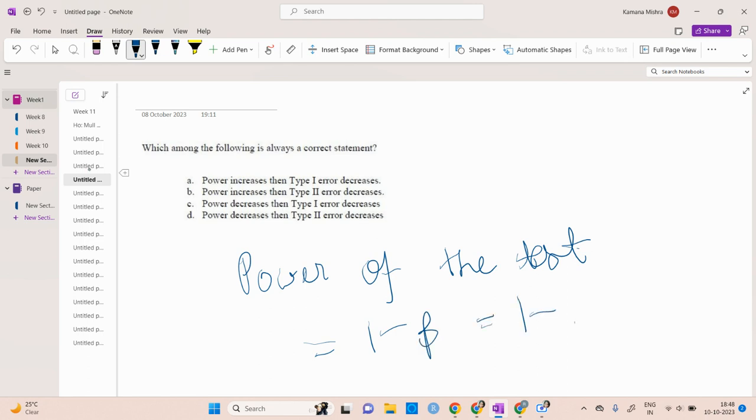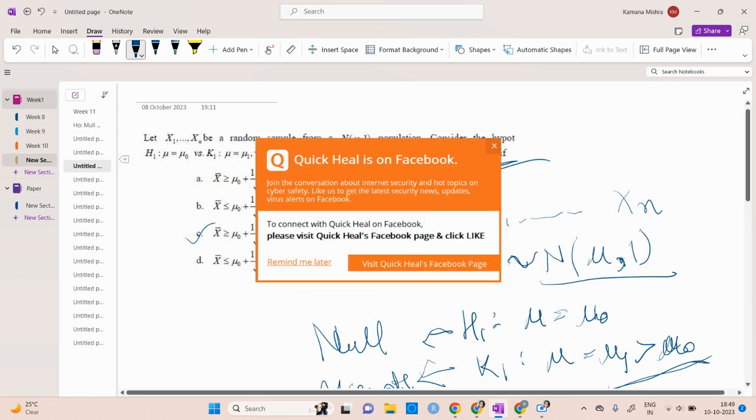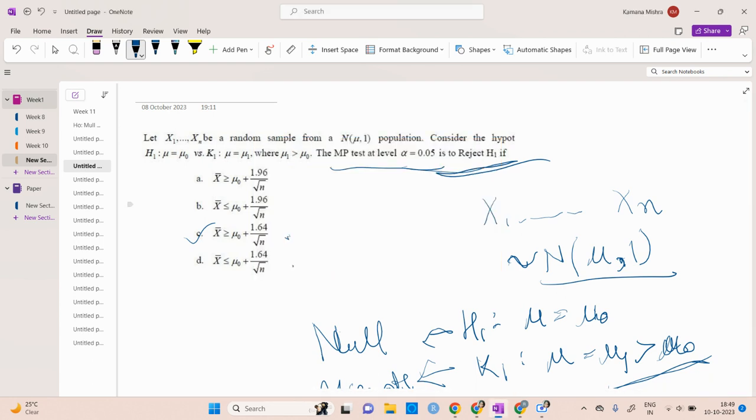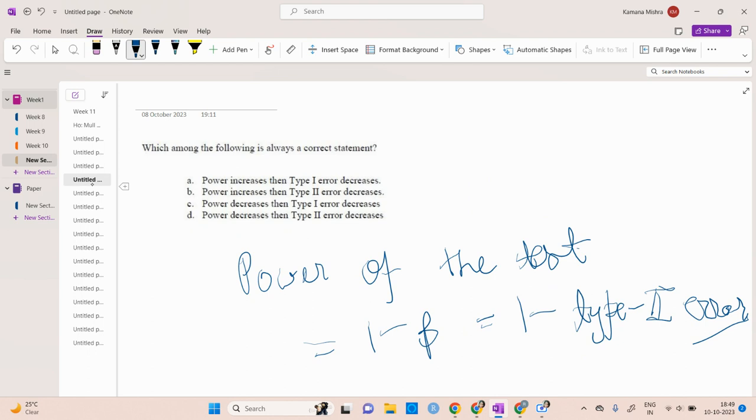That means 1 minus type 2 error. Power of the test basically means how powerful our test is. The time where it says most powerful test, MP means most powerful test. So that means how powerful our test is. So the power of the test is 1 minus type 2 error.